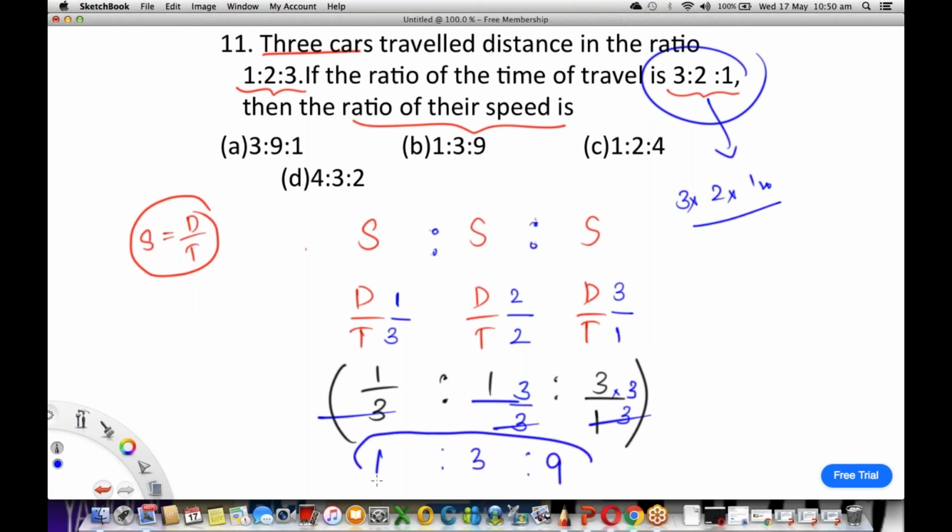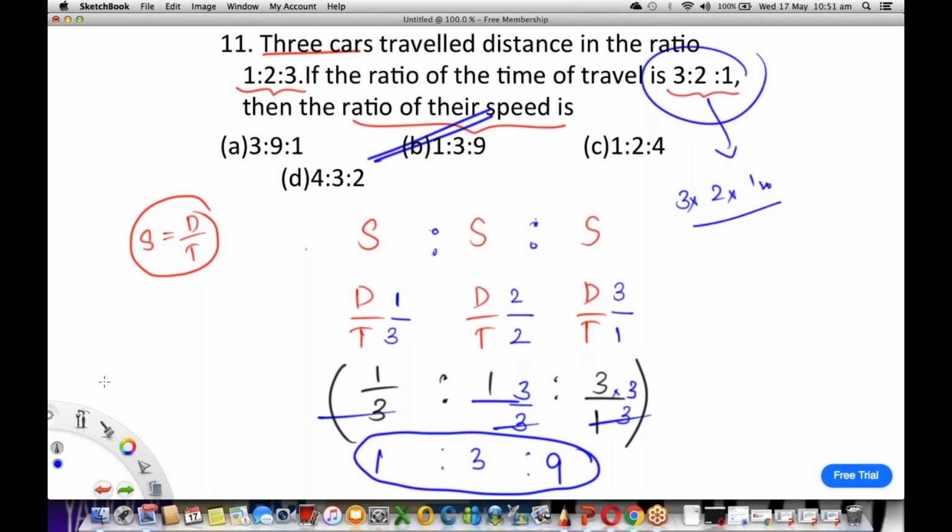So your answer is 1 is to 3 is to 9, that is nothing but option B. I think everybody is clear with that.